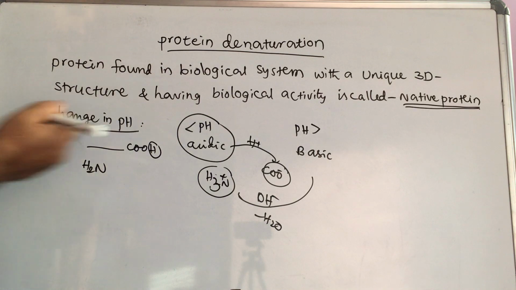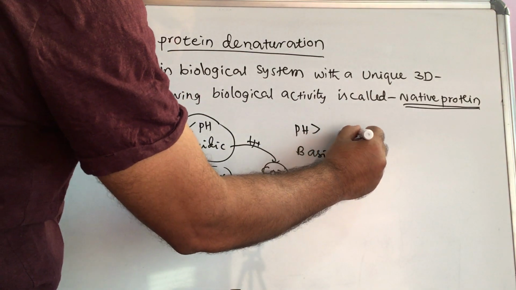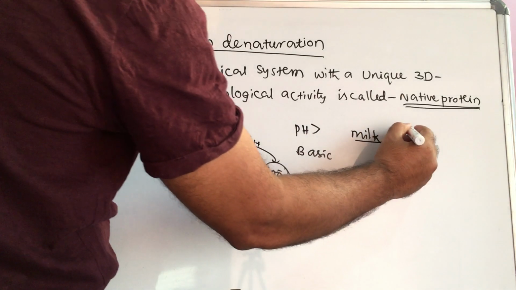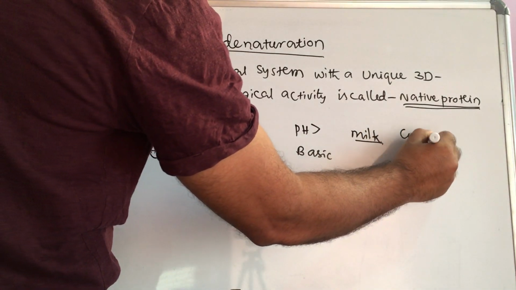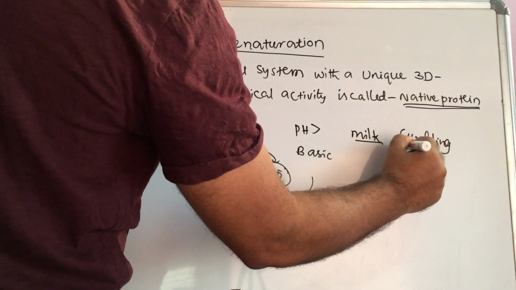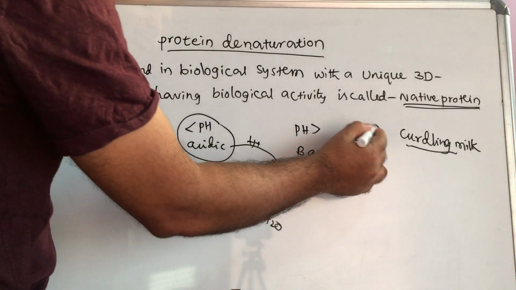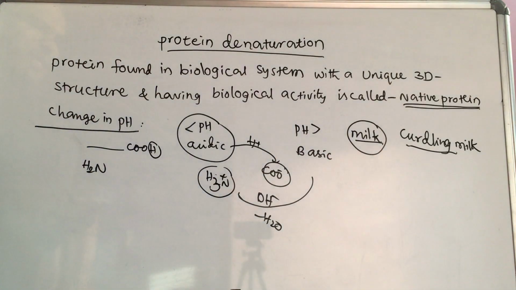One example is the curdling of milk. Due to some bacteria, milk is converted into curd, because in curdling of milk, first the carbohydrate, lactose, is converted into lactic acid.